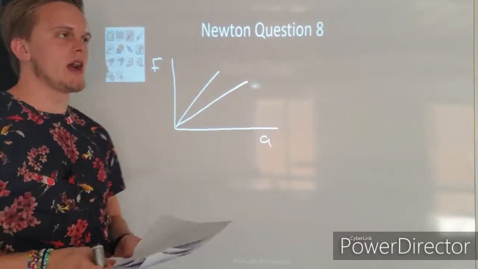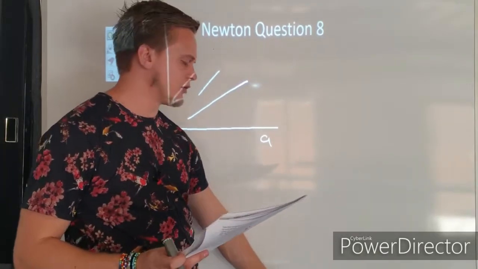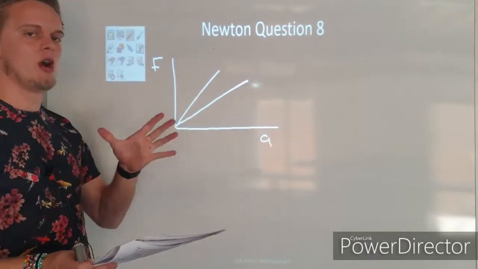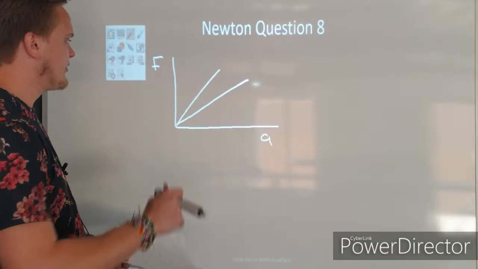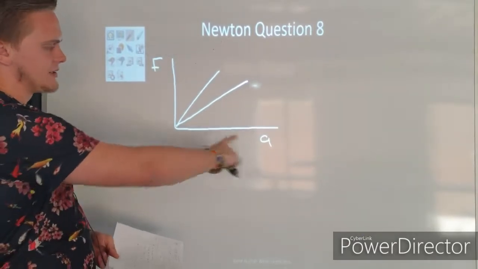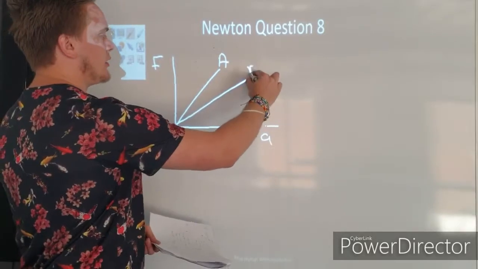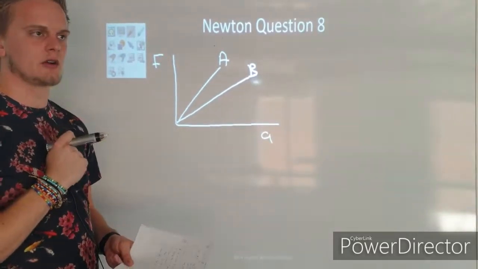Question 8, we have what we did study a few times now, where we have a graph and I want to ask you something about the gradient. So we have a graph of F on the y-axis and a on the x-axis, and we are comparing A and B. And I want to know which one of the four options is now correct.